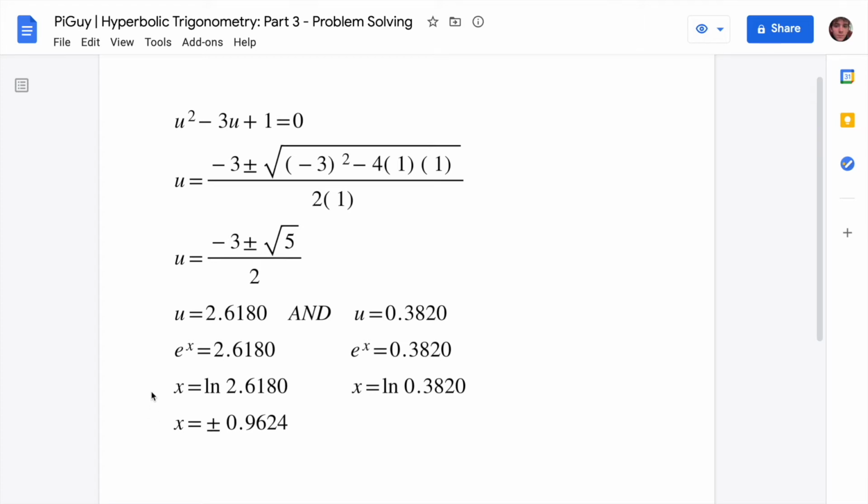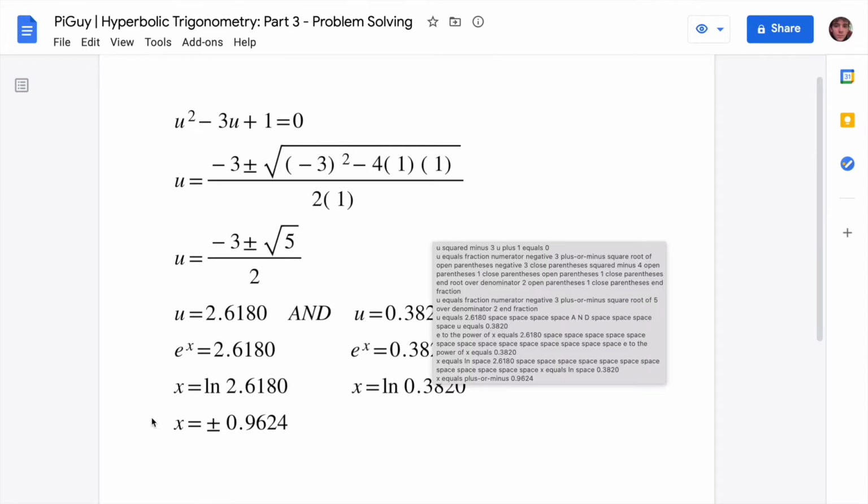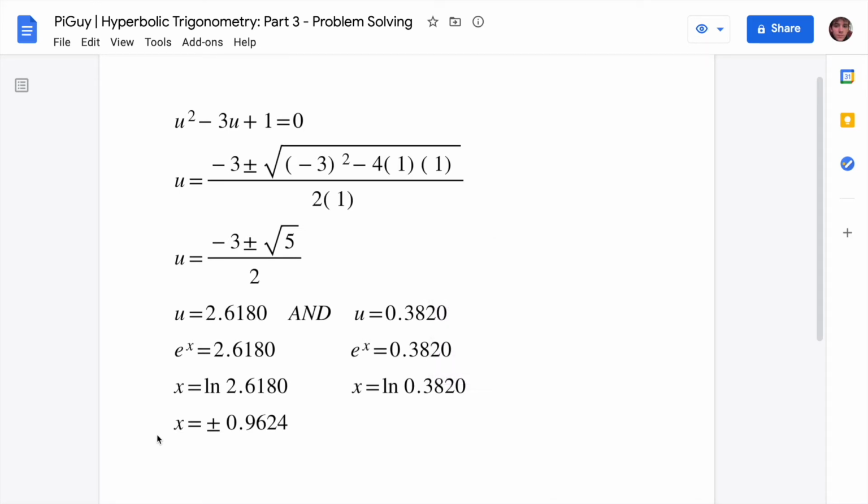And that happens to be positive and negative 0.9624. And that is no coincidence. It's by the properties of one of our hyperbolic trigonometric functions that we end up having, that the natural log of 2 seemingly random numbers is the positive and negative version of the same number. So I'll go into the hyperbolic trig way of solving this, and that will all be revealed.